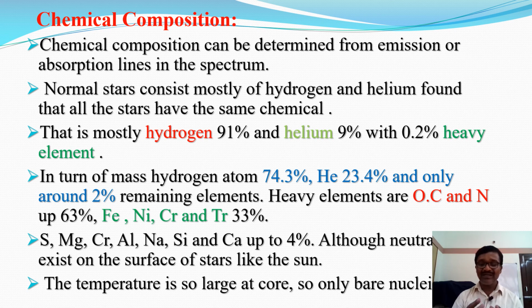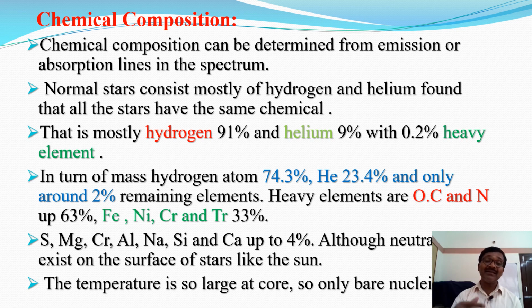Normally the star consists mostly of hydrogen and helium. In terms of percentage, hydrogen is 91%, helium is 9%, and 0.2% is heavy elements.